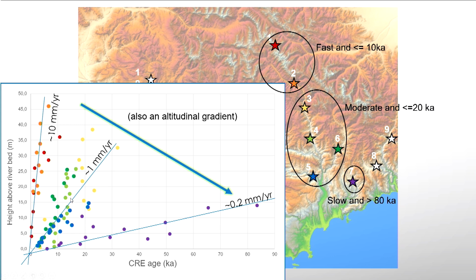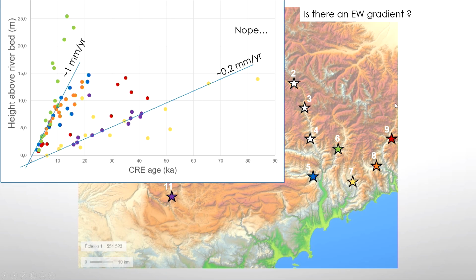So very different behavior between all these river systems in the same catchment, with the exception of the Paillon River, which is in a different catchment. So another question is there an east-west gradient? Why not? But there is not. And as you can see, if we include this time this point in the Verdon system, and if we look at this rainbow here in the data, we can't see it anymore.